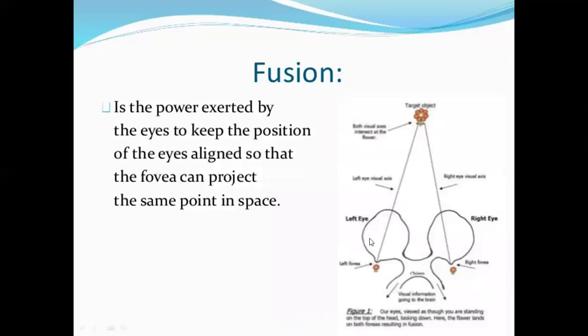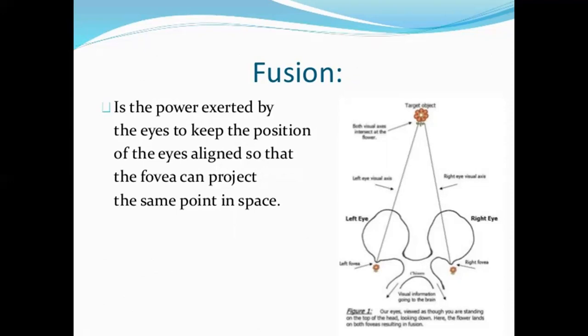Then next is the fusion. It is the power exerted by the eyes to keep the eyes in alignment so that the fovea can project the same point in space. Means in fusion there will be some power exerted by the eyes, and it will keep the position of the eyes aligned.